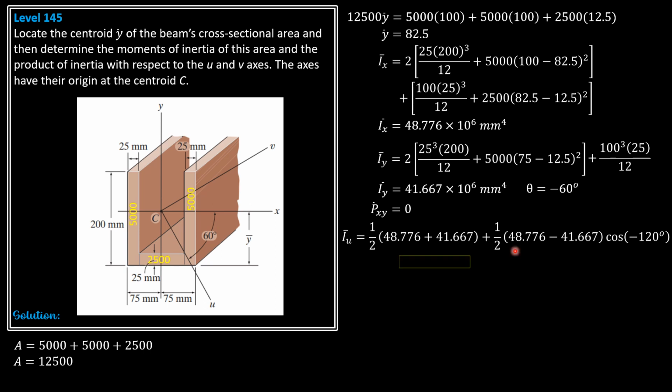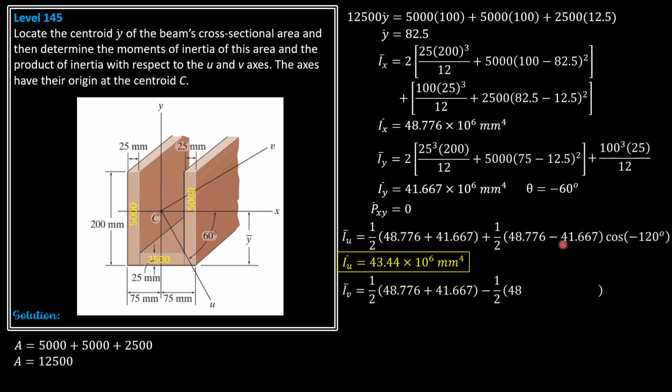So you just calculate this. Īu is equal to 43.44 times 10 to the 6. Īv is 1/2 times the quantity 48.776 plus 41.667 minus 1/2 times the quantity 48.776 minus 41.667 times cosine of negative 120 degrees plus 0. So Īv is equal to 47 times 10 to the 6 mm to the fourth.